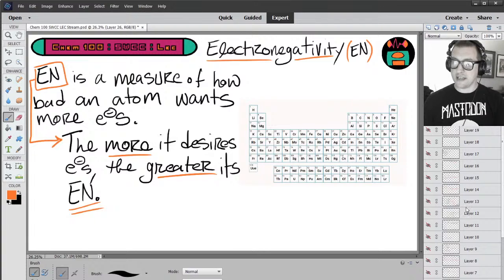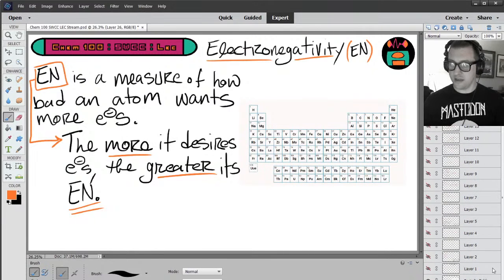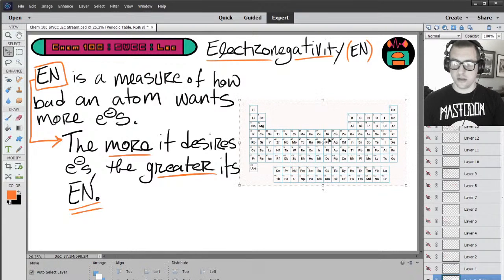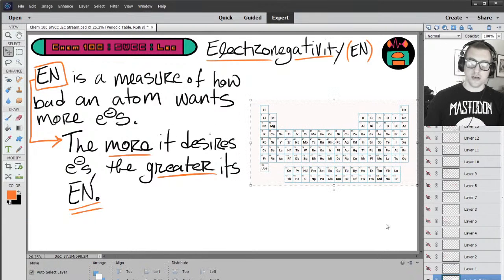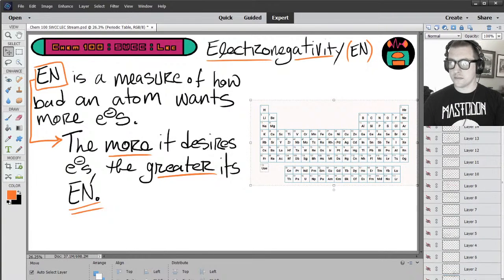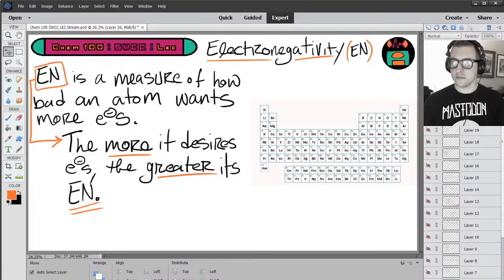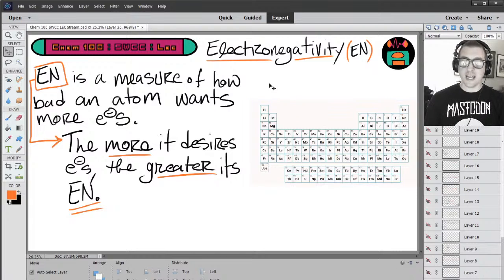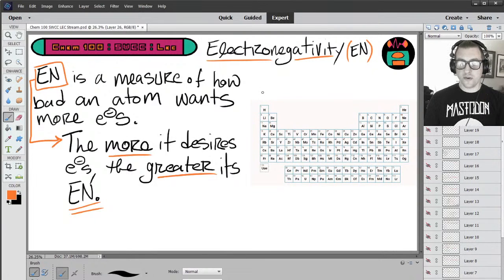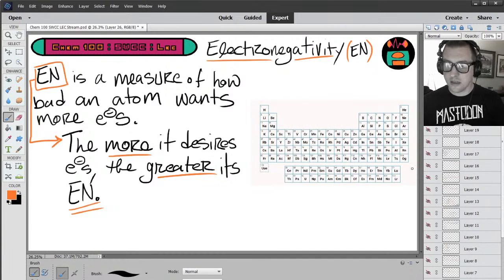So let's look at the periodic trend. So electronegativity trends with the periodic table, and it increases as you move from the bottom of the periodic table to the top, electronegativity increases.